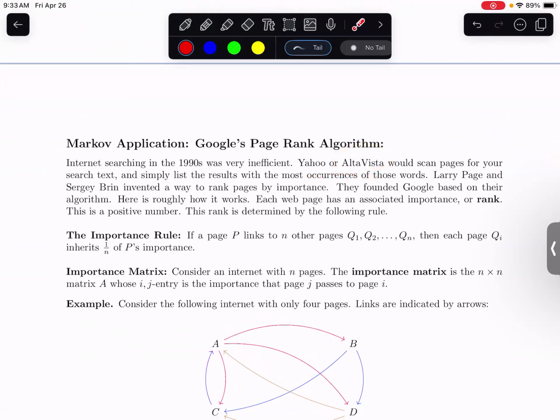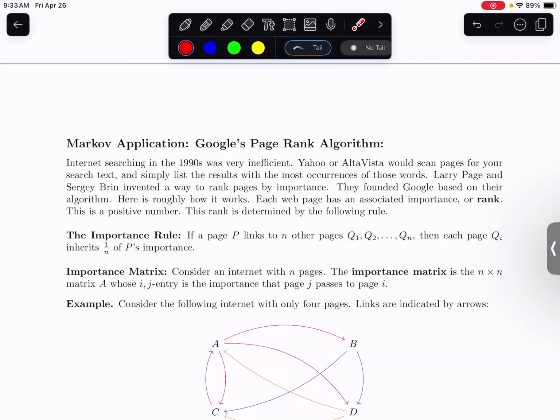How they used to do searches was, if you put text into the search engine, they would pull up the web page based off of how many times the text would show up on that web page, not in terms of how important that web page is, in terms of how many other web pages linked to that website.